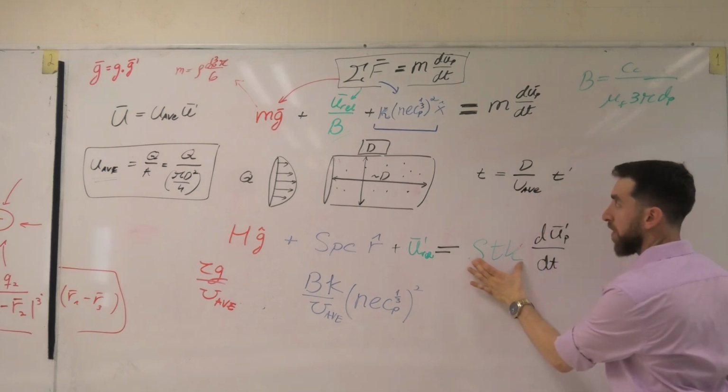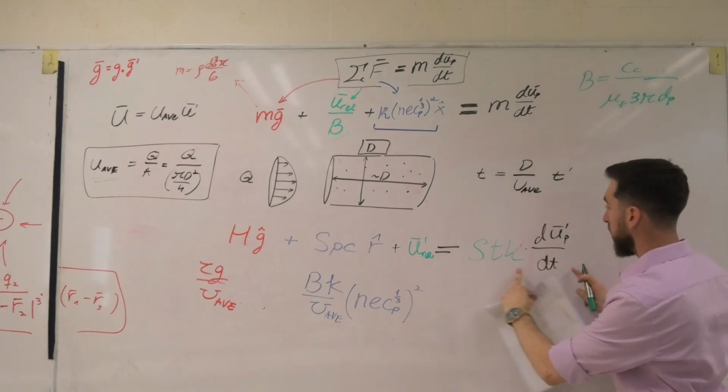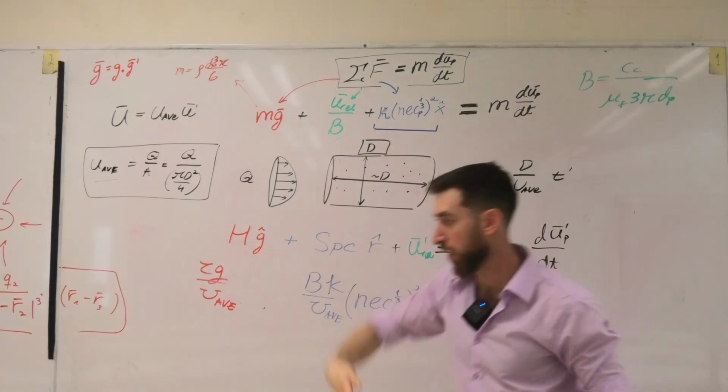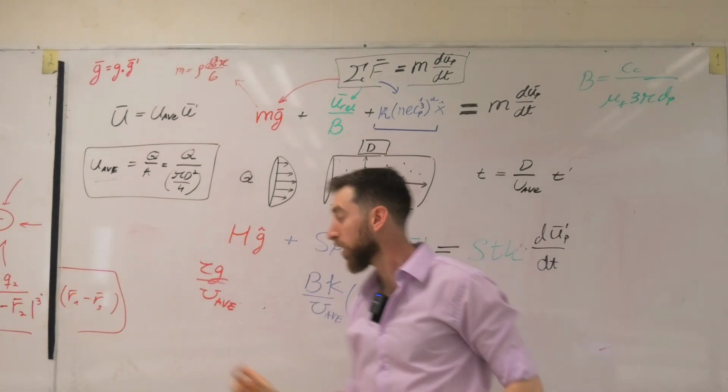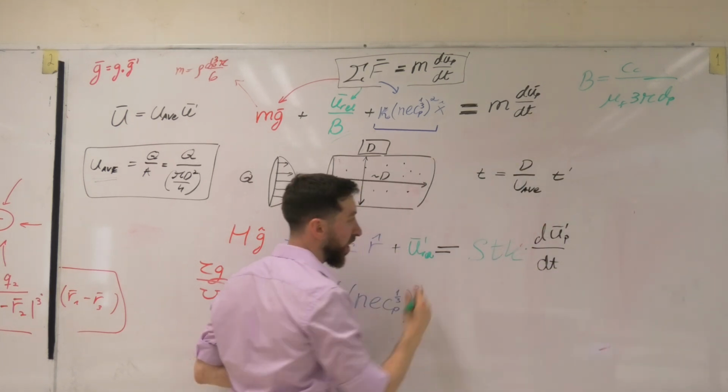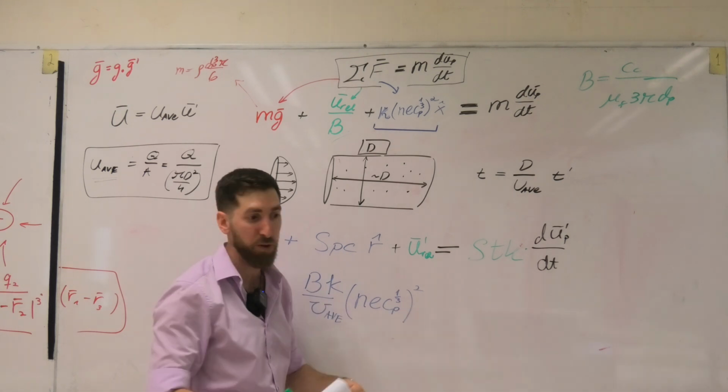And here we have Stokes. Stokes tells us how dominant the acceleration is. If the particle can accelerate and change its direction, this is dominant, right? Okay, so maybe it's not going to succeed to do it. That's what happens when Stokes is very big.